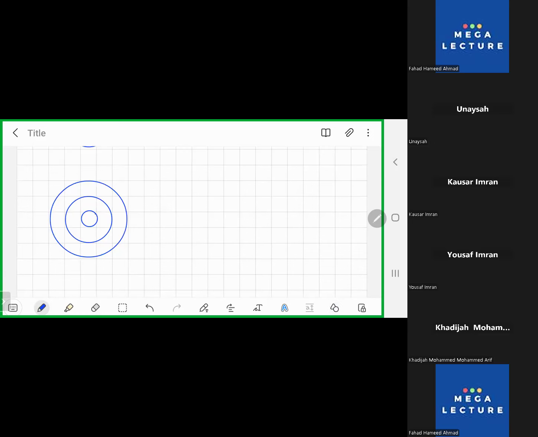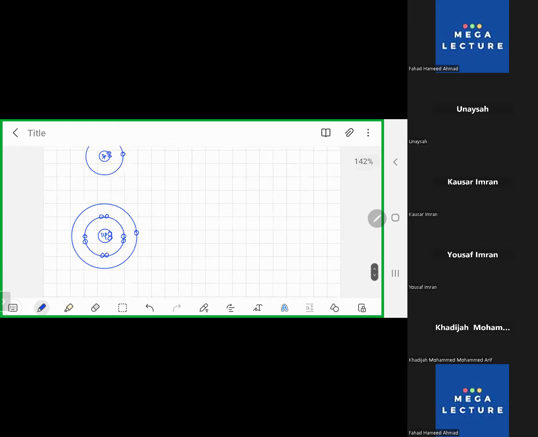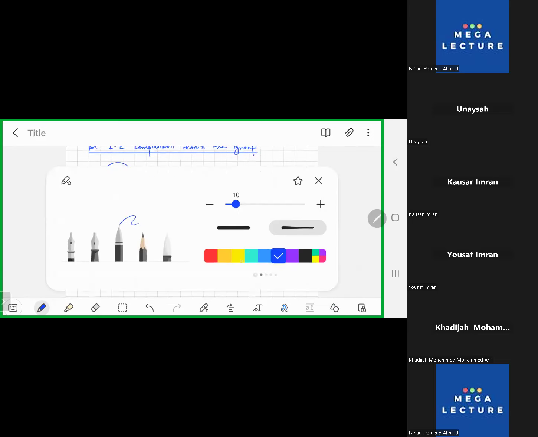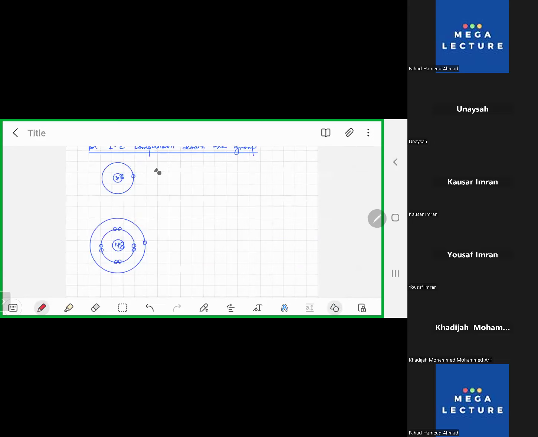So sodium will have 11 electrons. And sodium is going to have 11 protons in the nucleus. Acha, khair, wo trend, I'm not going to draw the other atom because the trend is quite obvious. The other atom is going to have an extra shell.